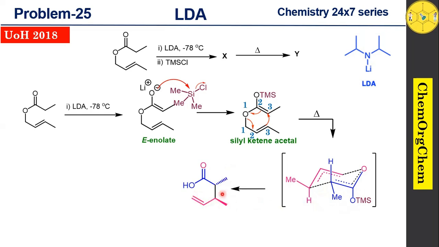Most importantly, this stereochemistry is relative stereochemistry, since we have not used any chiral sources. That means it is relative rather than absolute stereochemistry. We can name this as anti, since both methyl groups are present on opposite faces. Therefore, this is the anti-product.